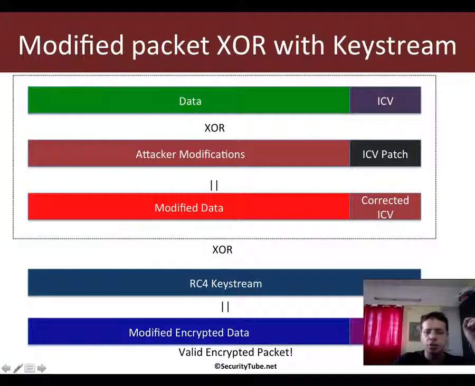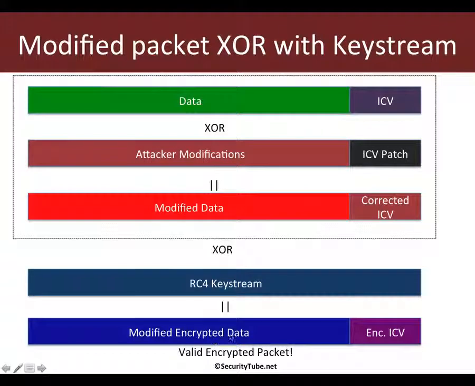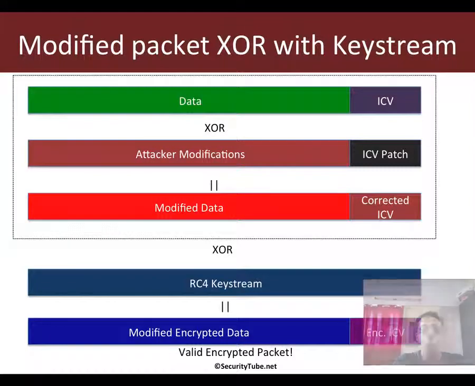Now when you XOR this with the RC4 key stream, which is also a valid key stream, what we get is modified encrypted data along with an encrypted ICV which corresponds to this data, and hence we have a valid encrypted packet, right? So I hope this part is clear.